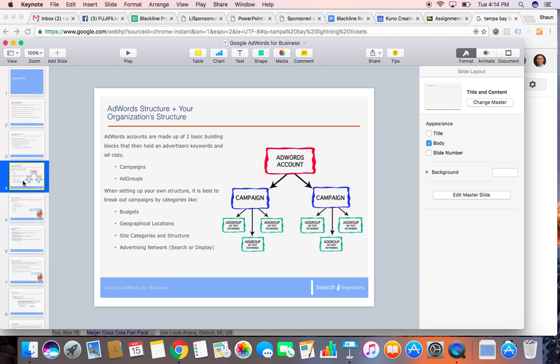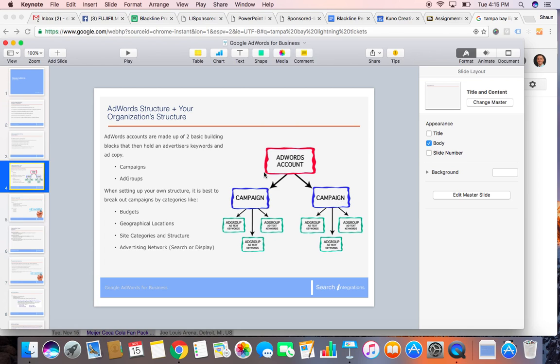Next, we'll talk about the AdWords structure. It's important to understand what the AdWords structure looks like. We have an AdWords account that is based on campaigns. And within those campaigns, there are groups of keywords and ads called ad groups. Now, each campaign is good to structure around geographic locations, perhaps services or product lines.